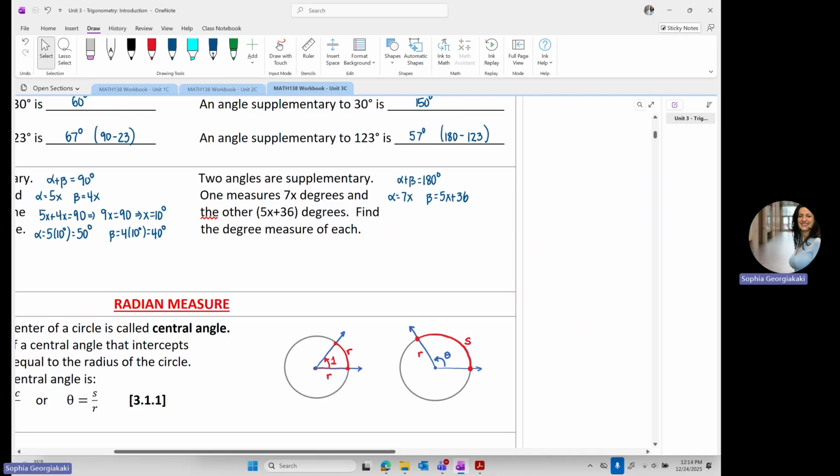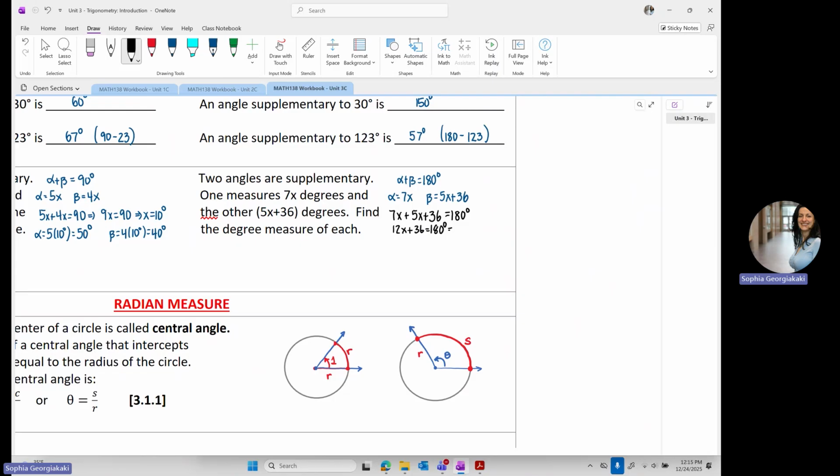I will substitute in the top equation 7x plus 5x plus 36. I'm supposed to substitute in parentheses and then distribute, but because this is just alpha plus beta, so they are just multiplied by 1, I am skipping that step. Equals 180 degrees. That will be 12x plus 36 equals 180 degrees.